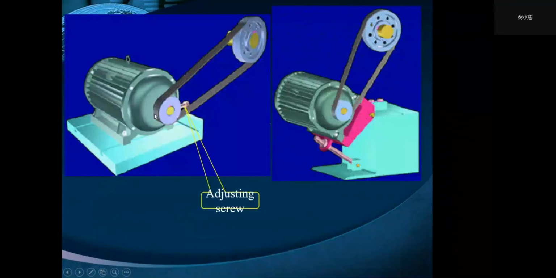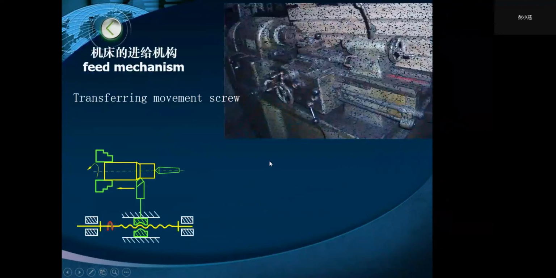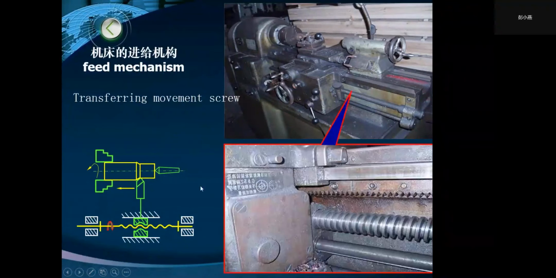For example, these are adjusting screws to adjust the position, and this is the transferring moment screw for a fade machine.